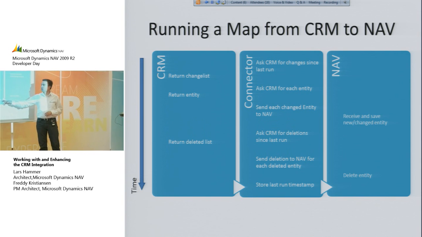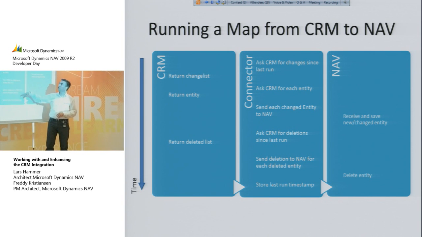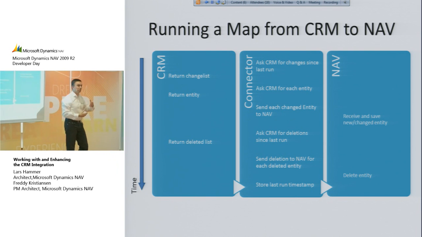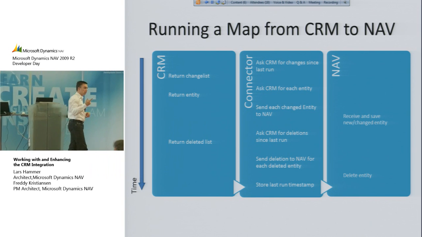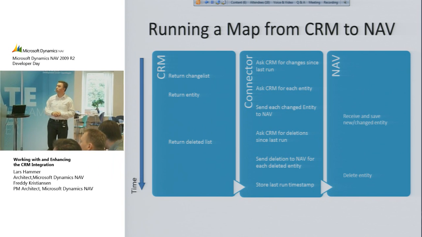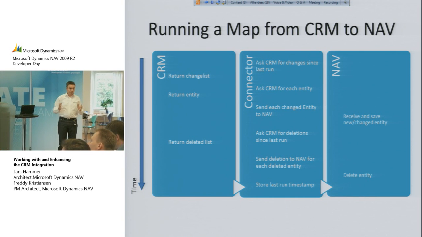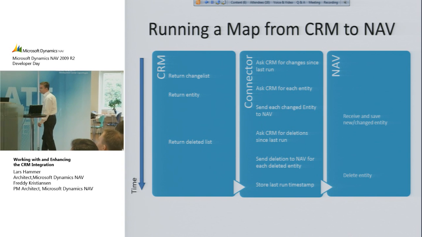Finally, we store the last run timestamp. The timestamp stored here is from when we started this whole process, so that we don't miss any changes that might occur as the map runs. As you saw, it does take a while for the map to run in some cases, so things might happen to the system in between. That's basically what it means to execute a map. And there will be a similar map in the other direction for integrating from NAV to CRM.